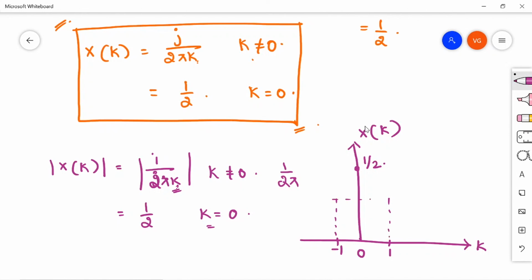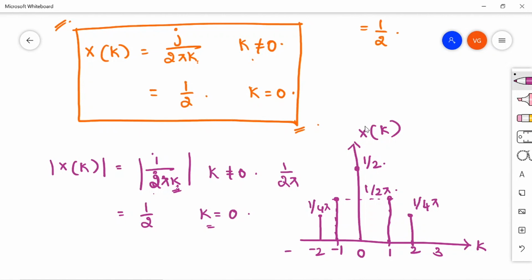And when you put k equal to 2 or minus 2, 1 by 4 pi. So at 1 and minus 1 I have 1 by 2 pi, and at 2 and minus 2 I have 1 by 4 pi magnitude.